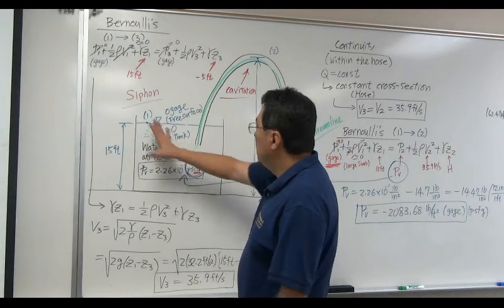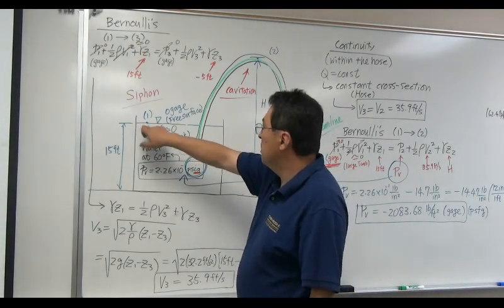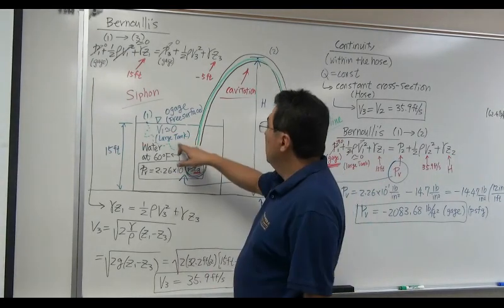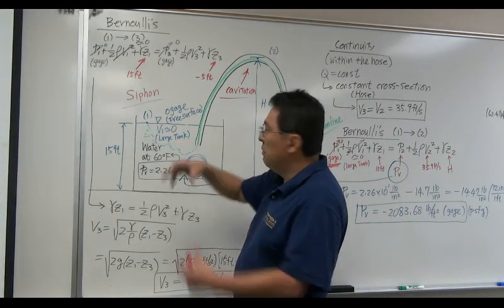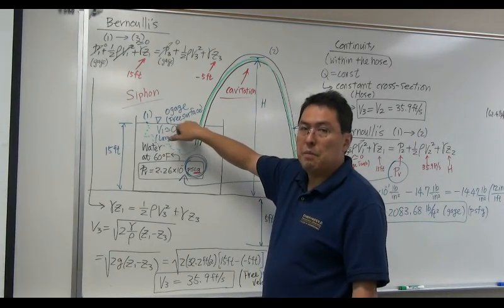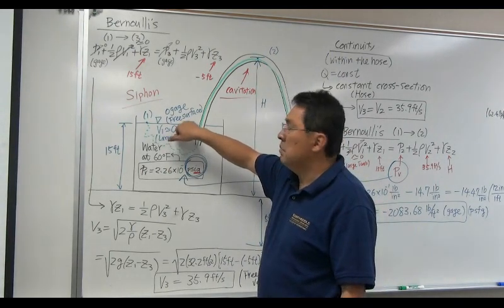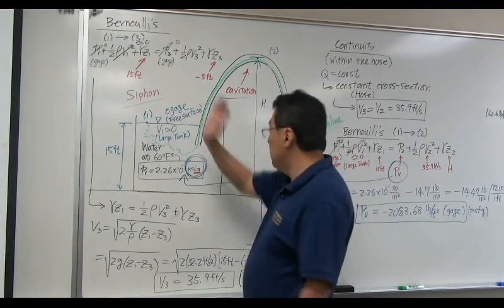Right here, you cannot apply continuity. For example, point 1 is the surface of a large tank. Large tank means the cross-section area becomes infinity. That's why velocity can be taken as close to 0. This is the violation of continuity, by the way. So I'm purposely violating continuity right here.